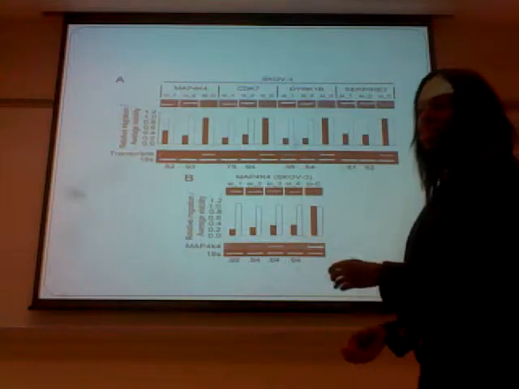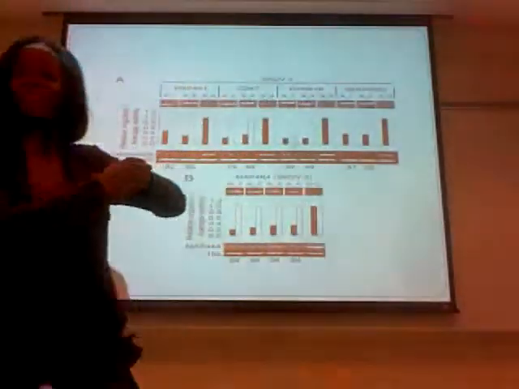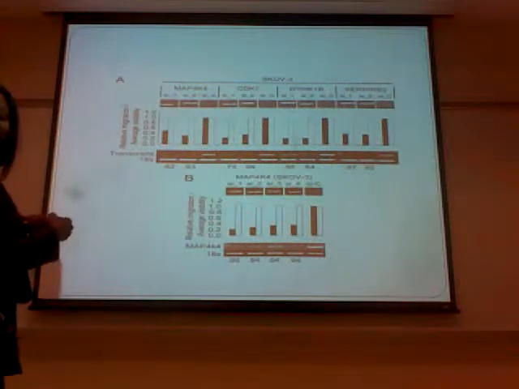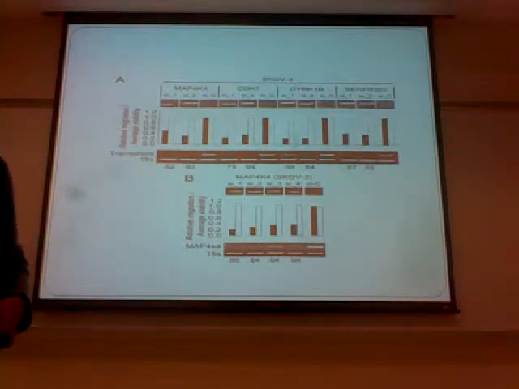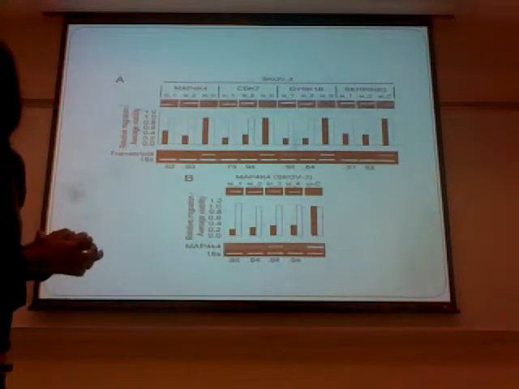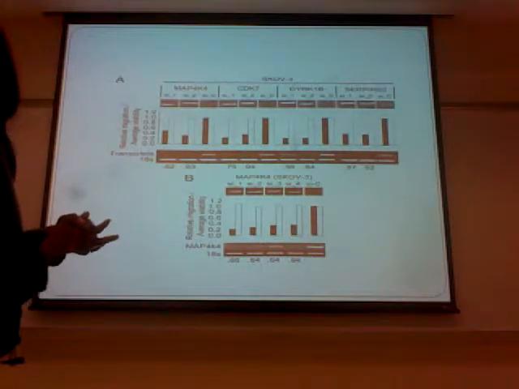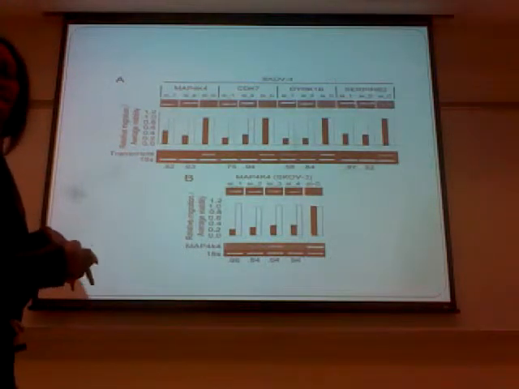So basically, the results show that siRNA suppressed the expression of integrin subunits alpha-3 and beta-1, and MMP9 enhanced it.